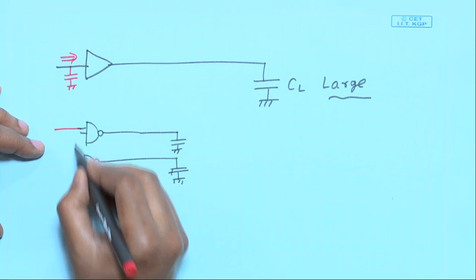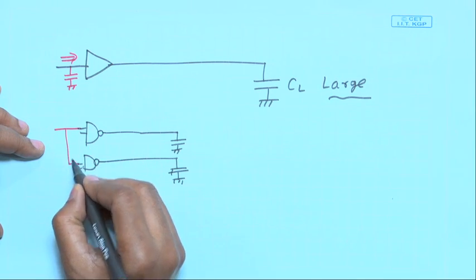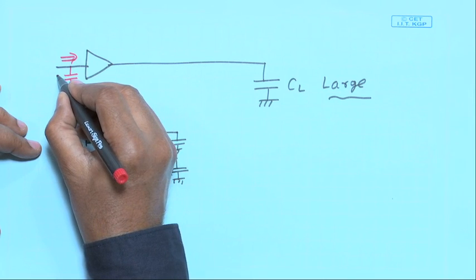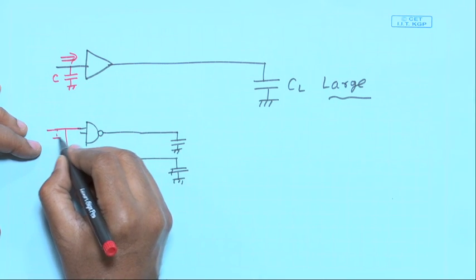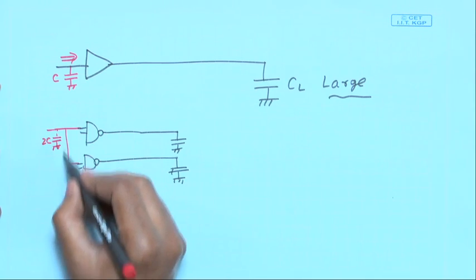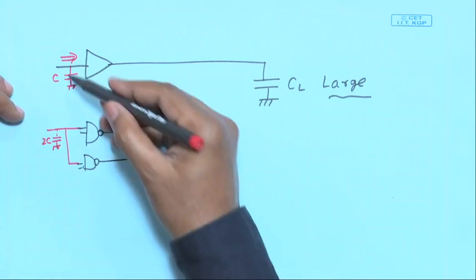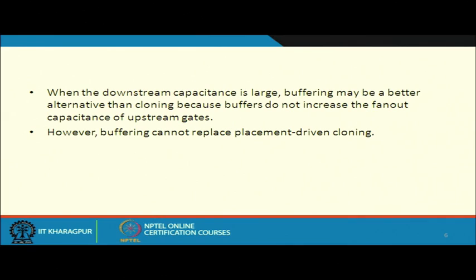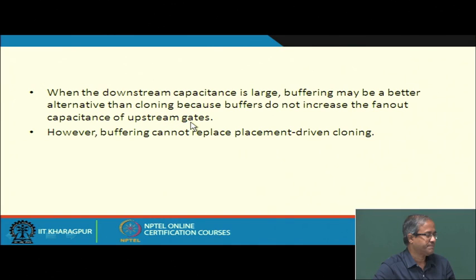But here, if this is C, then the effective capacitance will become twice C, because you are now driving 2 gates. This is what I am referring to here, because buffers do not increase the fan out capacitance of upstream gates.